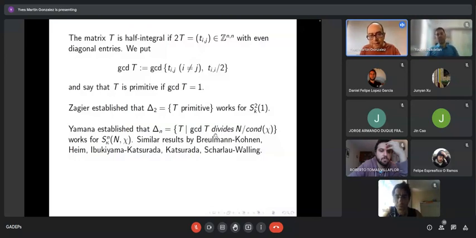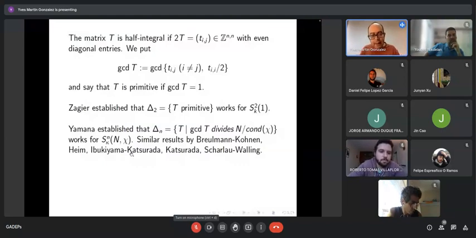Okay. And then there are similar results by people like Böcherer, Kohnen, Heim, Ibukiyama, Katsurada, Charlotte Wallin, etc. So they also give different proofs, for example, for this type of sets, Lambda_n.